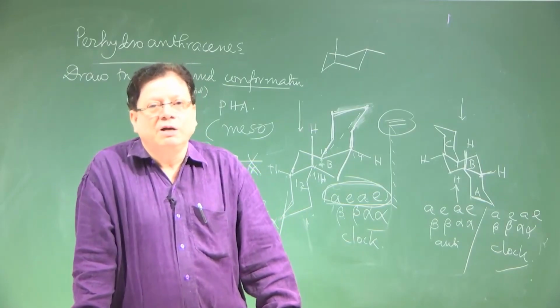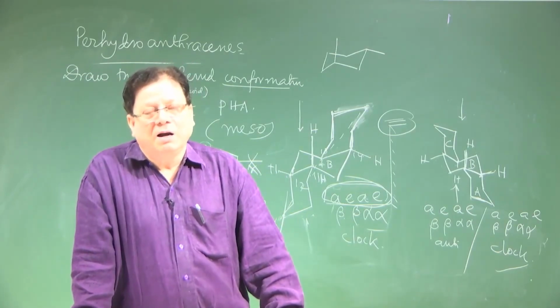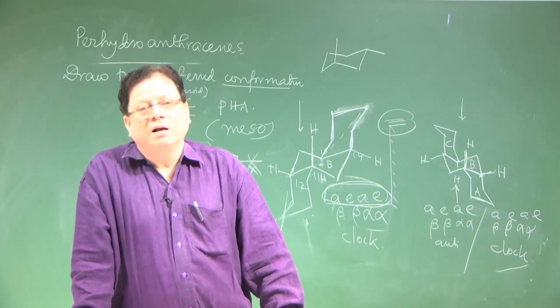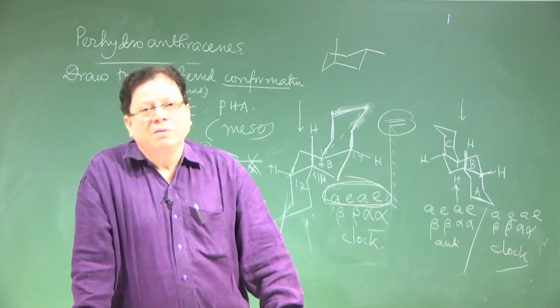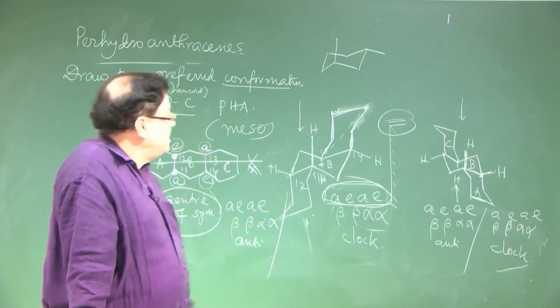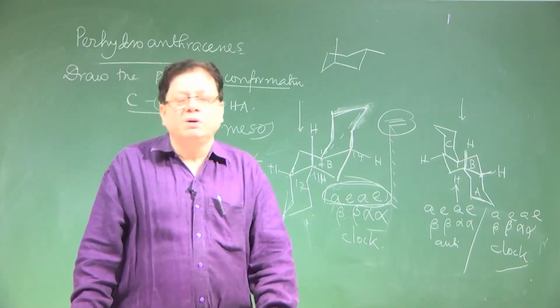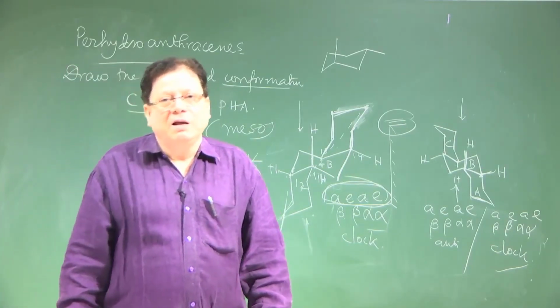So, we have gone through the perhydrophenanthrene in this session of the lecture. Perhydroanthracene, because it belongs to a 4A system, has actually less number of isomers. So, ultimately it exists as 2 DL pairs and 3 mesoforms.